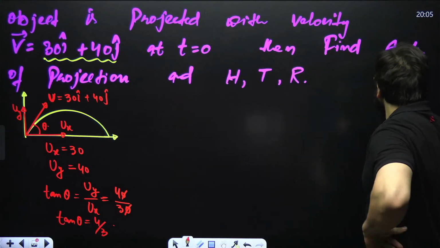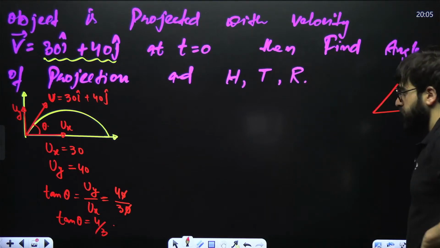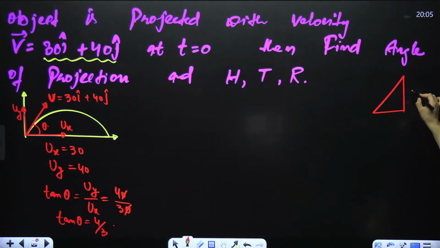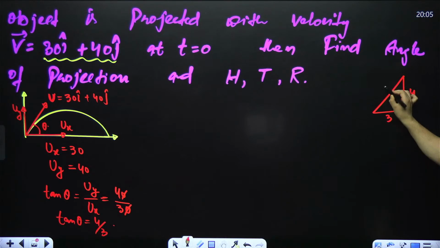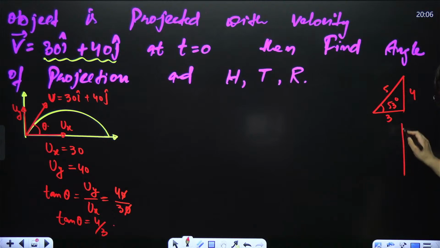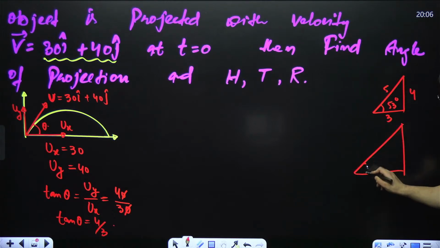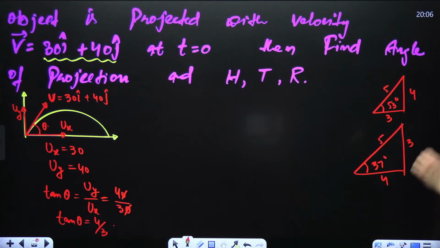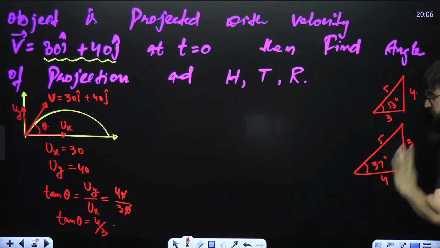If we make a triangle over here, and this side is 4, this side is 3, and this side is 5, then this angle is 53 degrees. This is what we call the 53-degree triangle. And if I have another triangle where this side is 3, this side is 4, and this side is 5, then this is the 37-degree triangle. In this triangle, what is the value of tan 53, perpendicular by base?